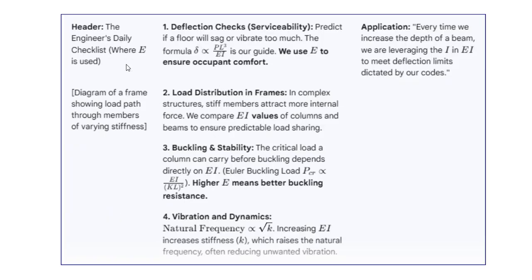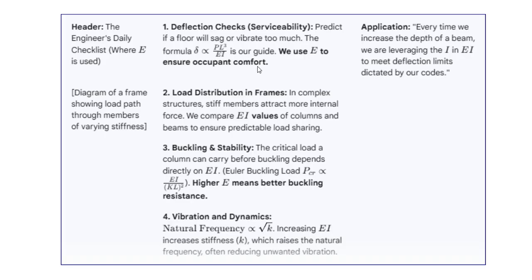The engineer's daily checklist, where E is used. So we'll get into some practical applications where we use E. The stiffness factor, deflection checks, serviceability. If a floor will sag or vibrate too much, the formula, deflection is directly proportional to PL³ by EI, is our guide.